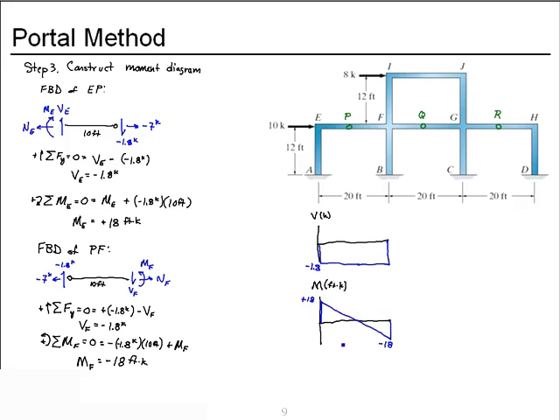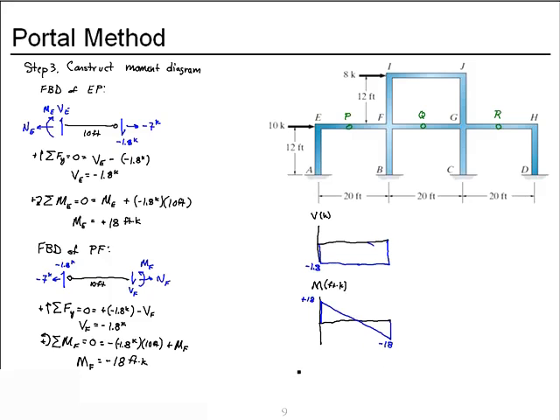And we can check that. We have the shear area is minus 1.8 times 20 feet. When we take that, which is a minus 36, add it to the plus 18, we get the minus 18.